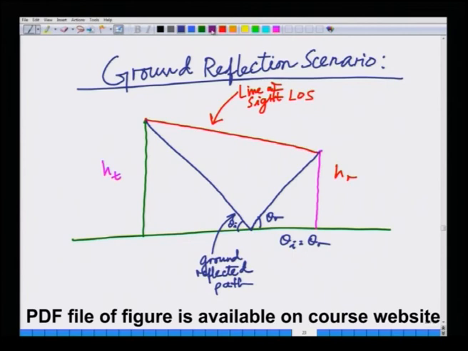Let me call this distance the line of sight distance, and let me call this distance the ground reflection distance. You can see that both these distances are different.